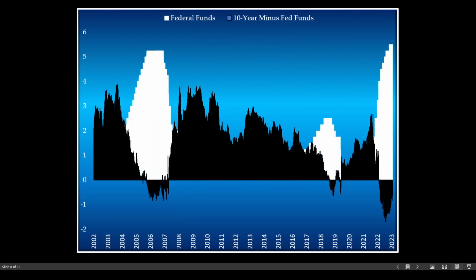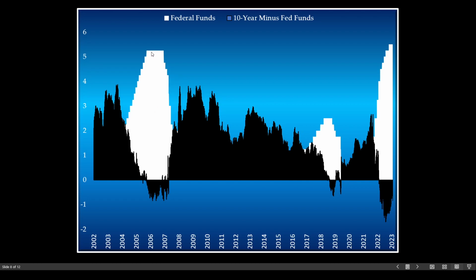Here's a different way to look at it. The black histogram bars in the background, that's the 10-year minus federal funds rate. The white area chart, that's federal funds. So we notice 2004, 2005, this is the point when the federal funds rate exceeded the 10-year.